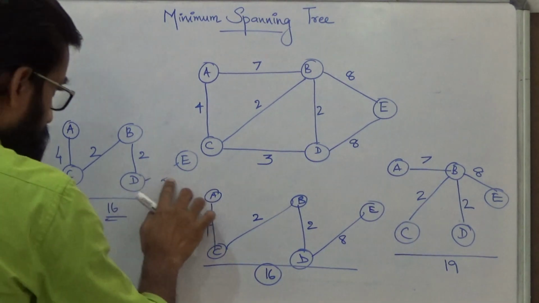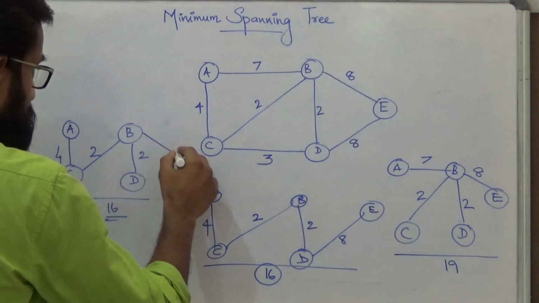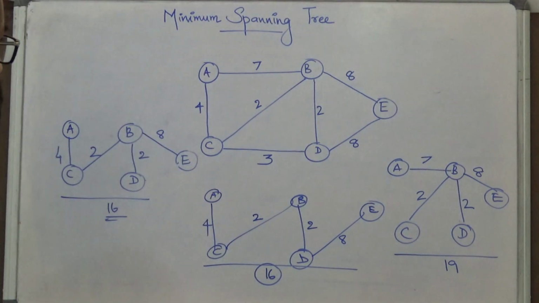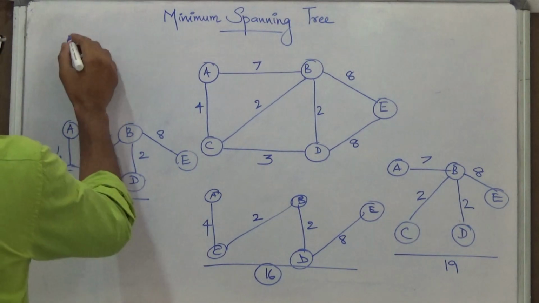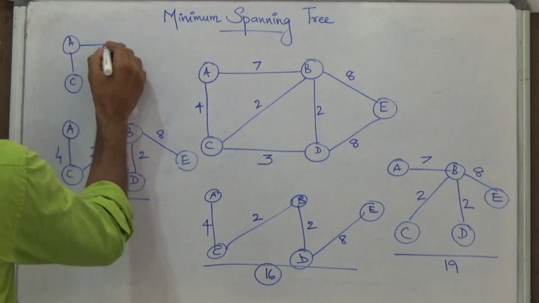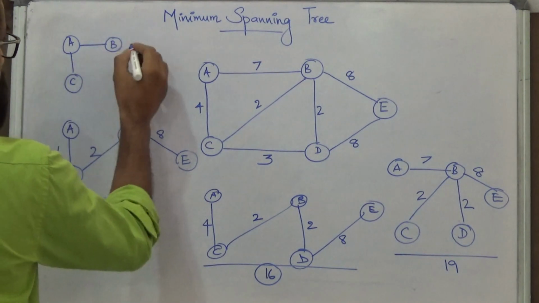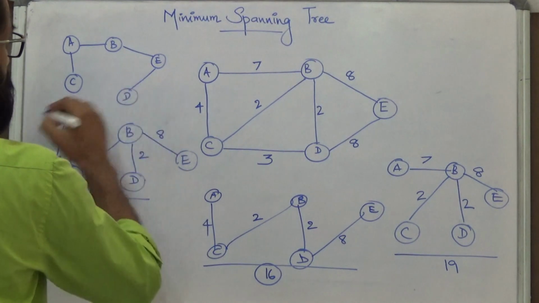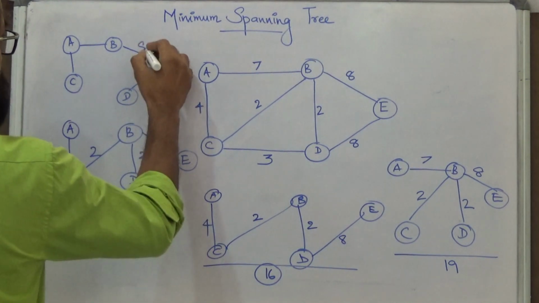Rather than adding this particular edge, you can add this edge. So cost is 8. Now I can identify another spanning tree structure like this: A, C, B, E, D. So here cost is 8.